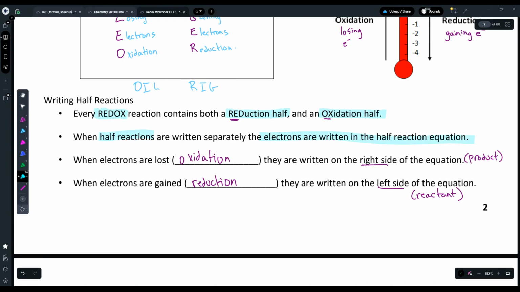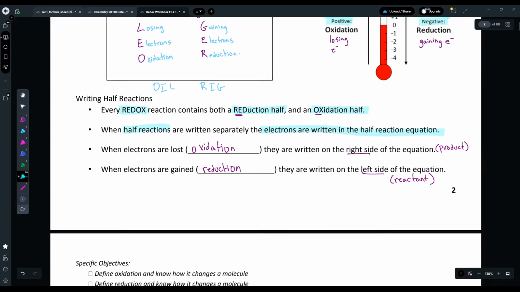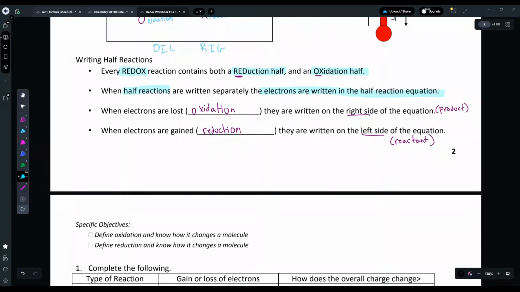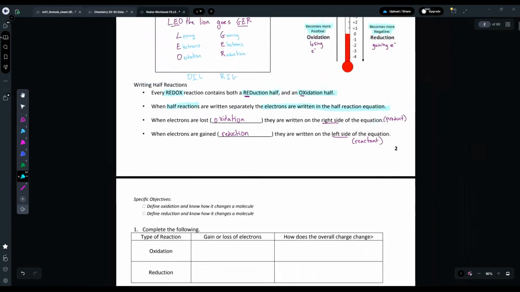So you should know for half reactions, whether they're reduction half reactions or oxidation half reactions, you should be writing your electrons in each of these half reactions when you write them. What differentiates the two is that in oxidation, since electrons are lost, they're going to be on the product side. For reduction, since electrons are gained, they're going to be on the reactant side.